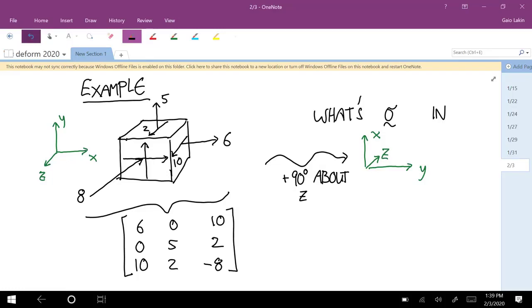So after you do that, you have to rotate 180 degrees about the new x-axis. You see that? We could use plus or minus, but let's say +180 about x.